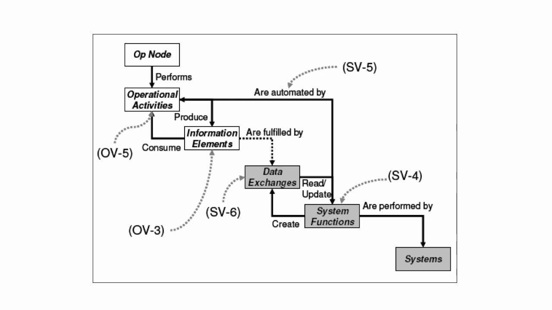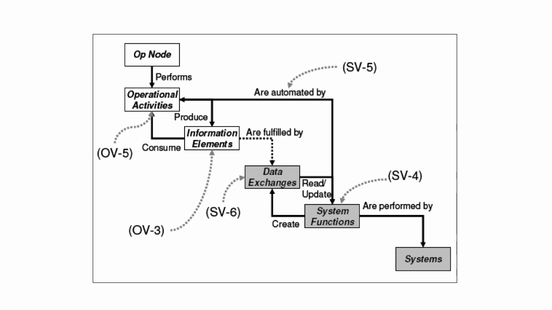So if you think about the last slide and what these different OVs and SVs actually are, they're different slices of this architecture. If you think from the very top, you've got operational activities. Well, there's an operational view of those activities, and there's a formal way of documenting exactly what you mean by that. And they produce information elements.